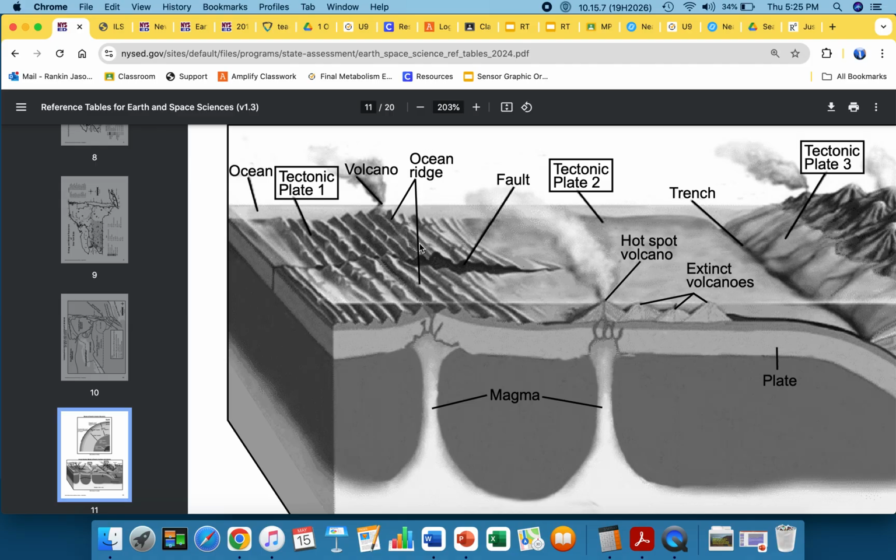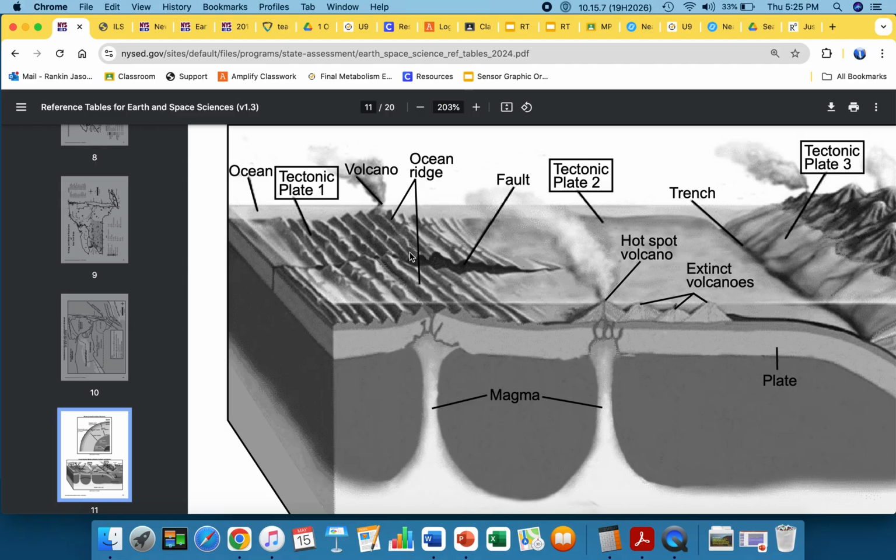We have one here. It looks like there's one over here as well. And that's where the plates are moving apart, just like it is on page 12. So this plate is moving to the left in this image. This plate over here on this side of the ridge is moving toward the right.